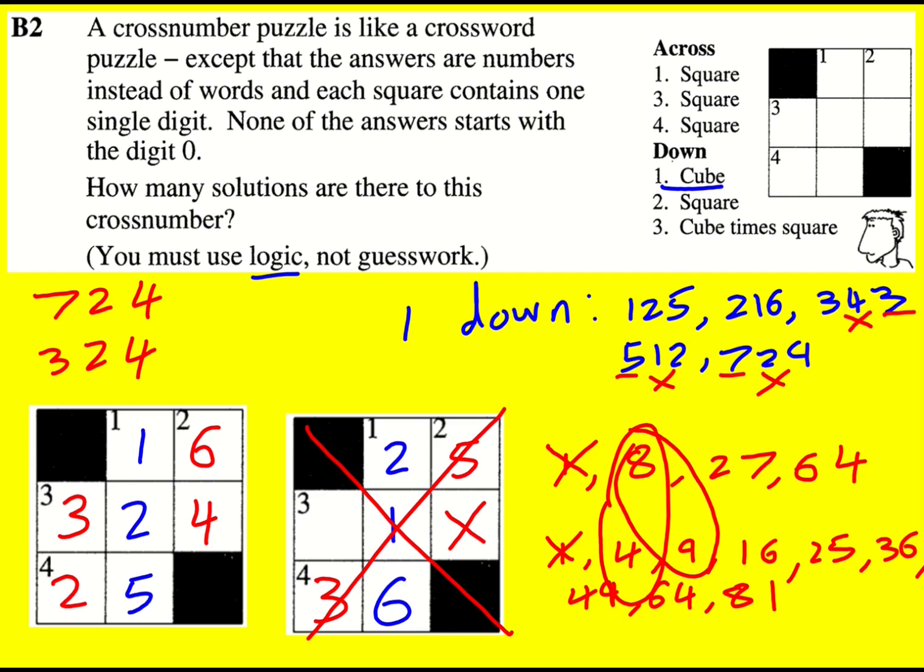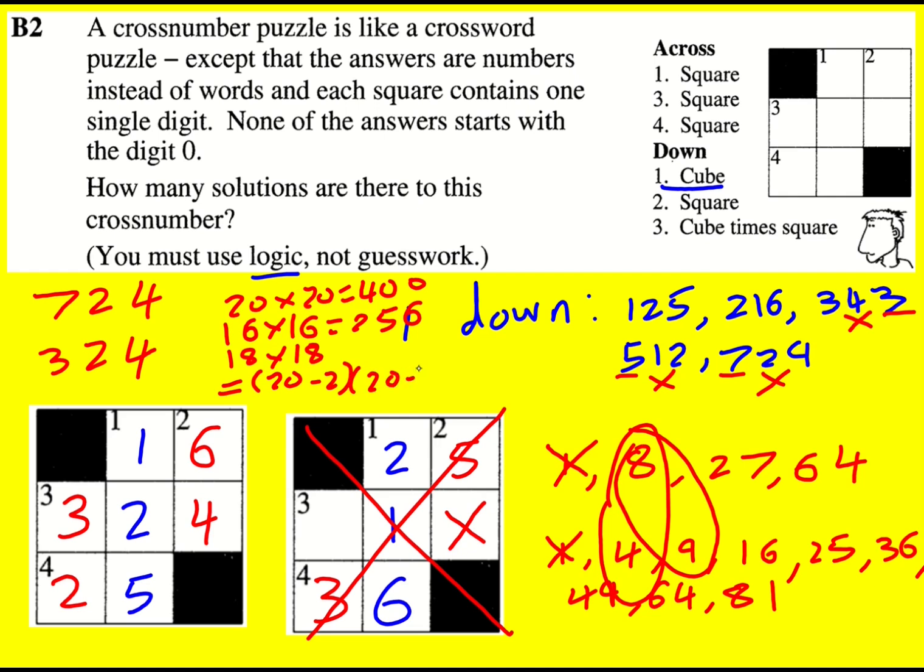Okay, 324. Well, 20 times 20 is 400, so I'm looking for something that's less than that. What about, okay, 16 times 16 is 256. So how about 18 times 18? One way to calculate this is to write it as 20 minus 2 times 20 minus 2, and then expand a double bracket.